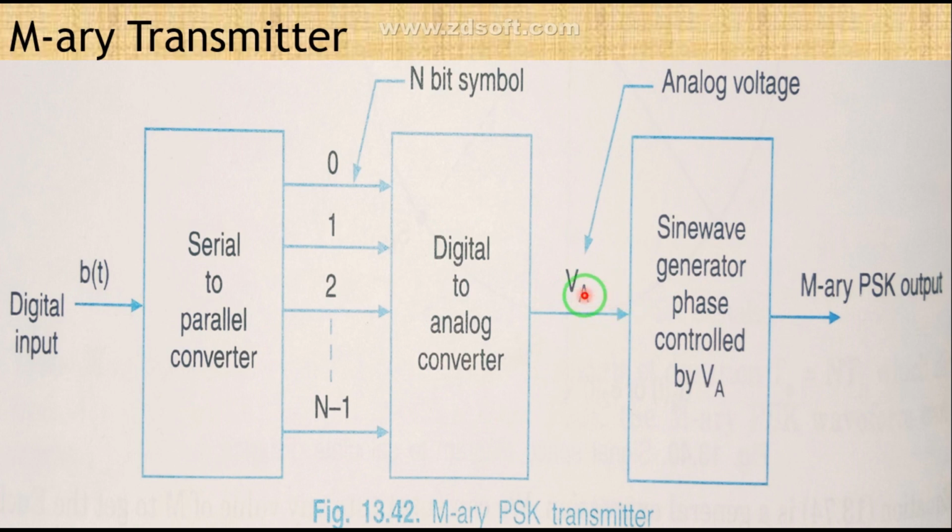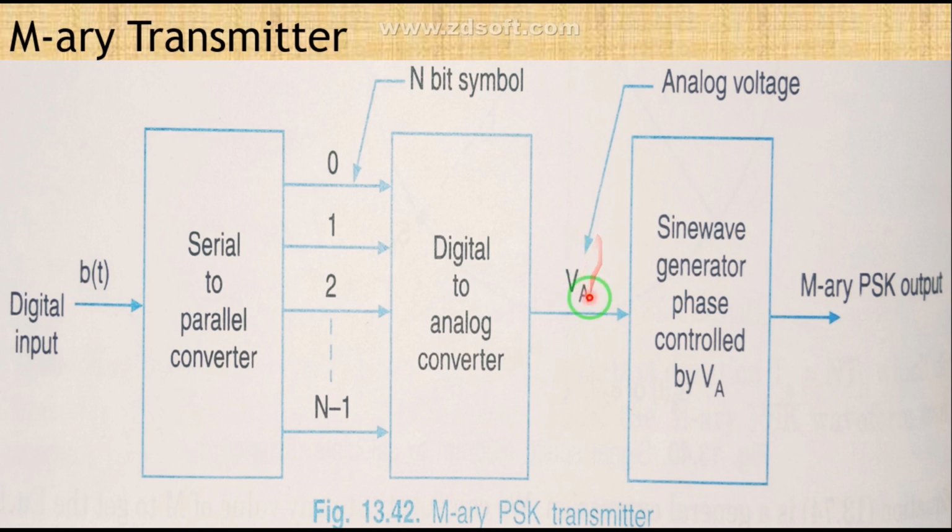Just in the previous slide we have seen M. Hence, this D to A converter output VA would have M distinct values depending on the symbols, because M different symbols are there. So corresponding to each different symbol, the analog voltage would be different, corresponding to that particular symbol.